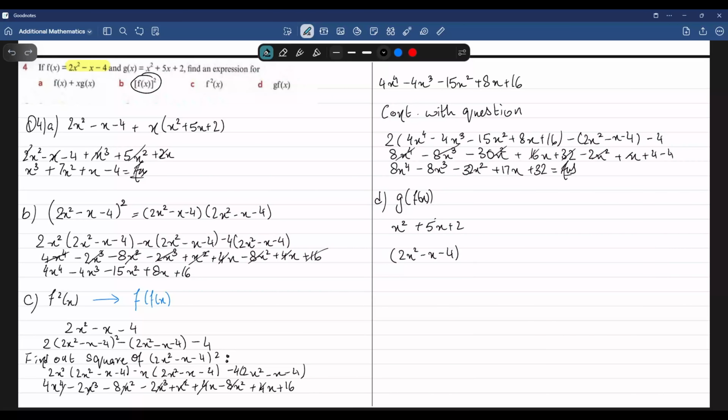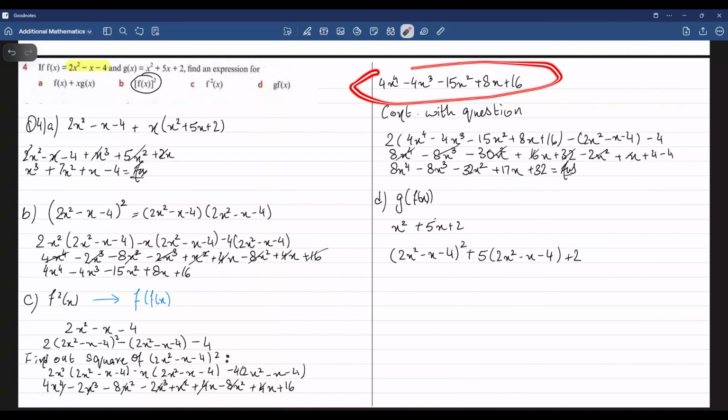whole squared plus 5 multiplied by 2x squared minus x minus 4 and plus 2. Okay. Again, 2x squared minus x minus 4 whole squared, we've already found this out. As we're doing some exercise questions, I do have the ability of taking some things.